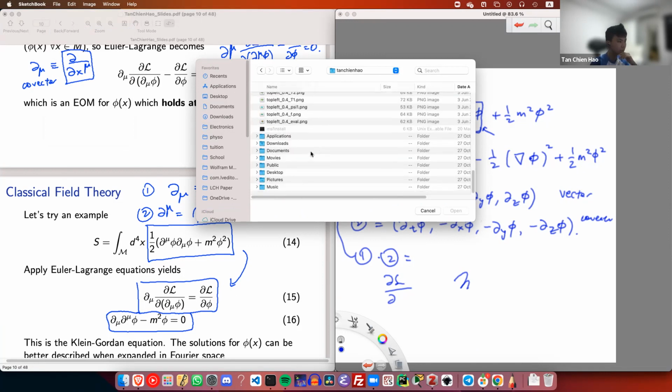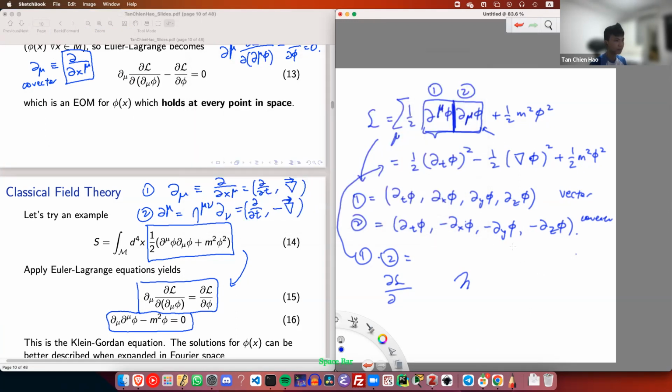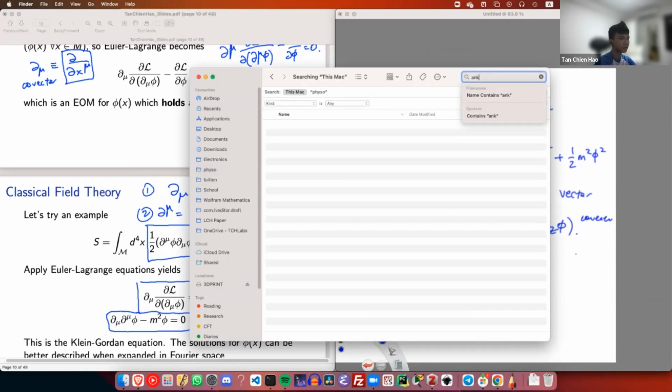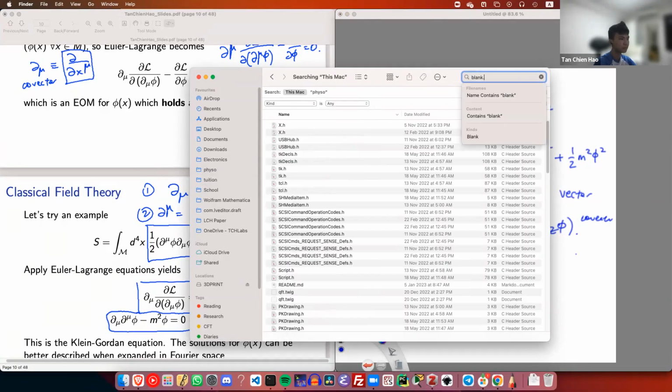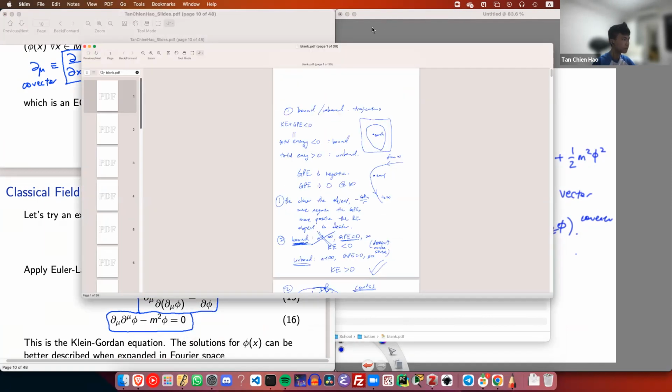Oh gosh, it's gone. Let me see. I have a blank PDF as well. Let me just use the blank PDF. Okay, yeah.